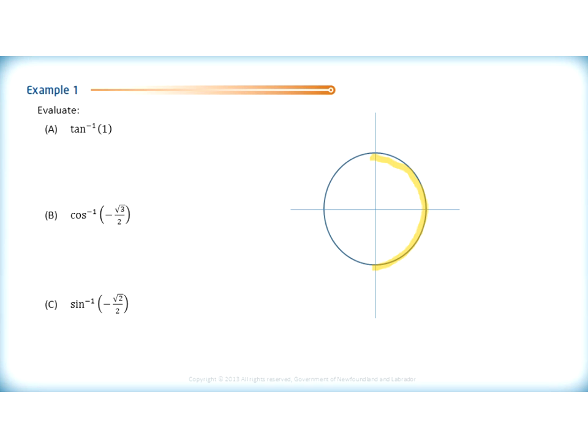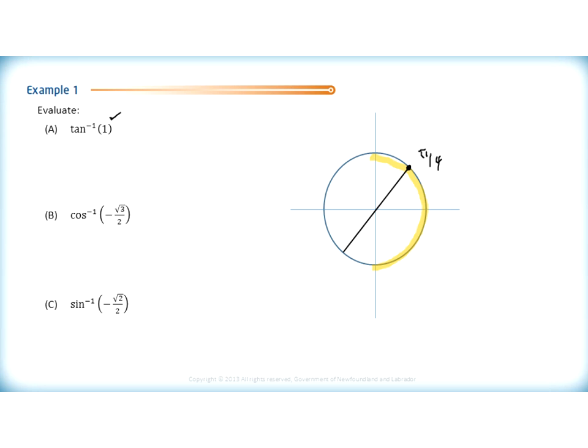And if that's the case, I have to take the shortest angle that gets me there. If I'm going to find out where tangent is equal to 1, there's a couple of places actually where tangent is equal to 1, and you should remember from your studies of trigonometry that they're going to be on opposite sides of the unit circle. So one of the possible places where tan is equal to 1 would be up here at pi over 4.